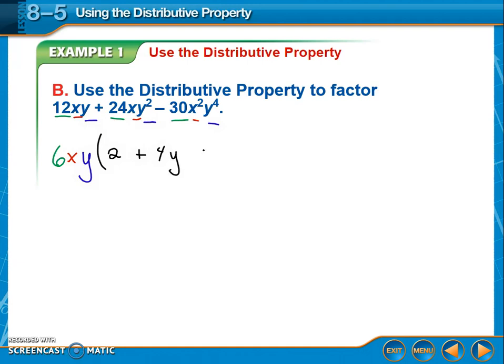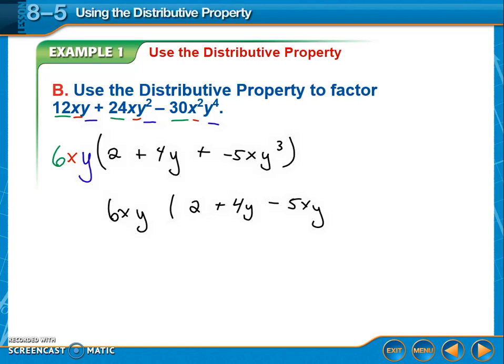I need a y there. Then 6 times what gives me negative 30, and that's negative 5. x times what gives me x squared? x. y times what gives me y to the 4th, and that's y to the 3rd. And then that would be my answer. I would probably write it, instead of plus a negative 5x, as minus 5xy.